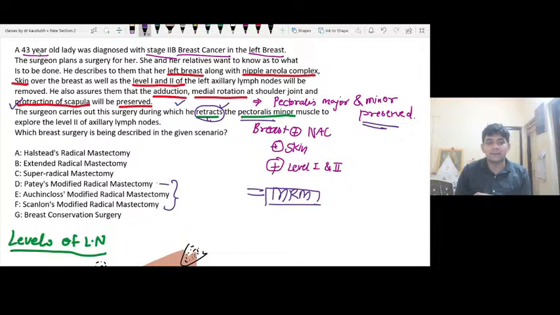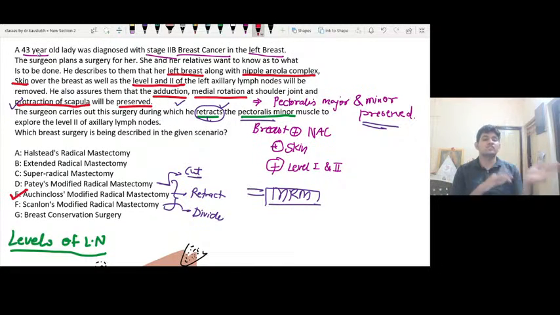What do we do in Patey? In Patey, we cut pectoralis minor. In Auchincloss, we retract, right? And in Scanlon's, we divide, right? So at the end, out of these three options, what do you think is the best answer? The best answer to this question is definitely option E, that is Auchincloss modified radical mastectomy.